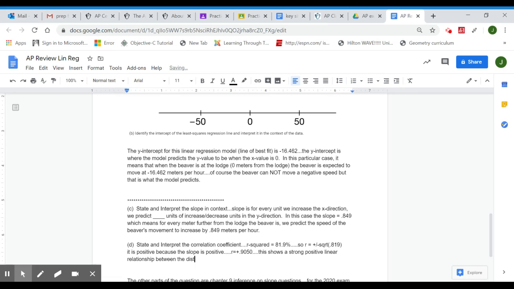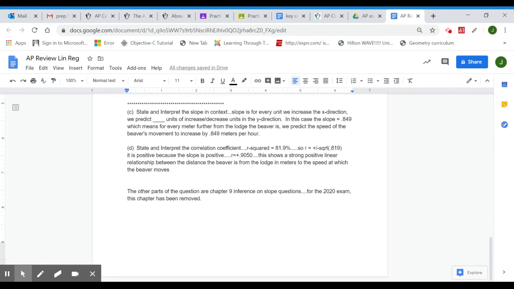The distance the beaver is from the lodge in meters to the speed at which the beaver moves, and that's in meters per hour.